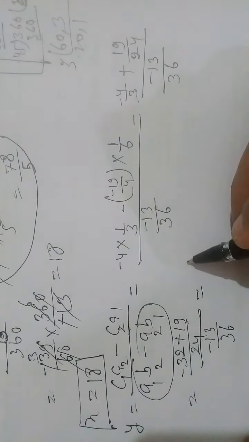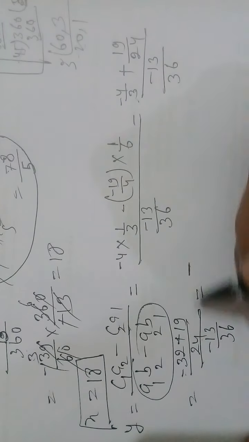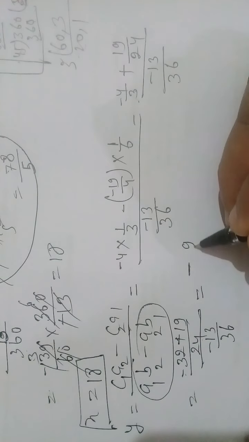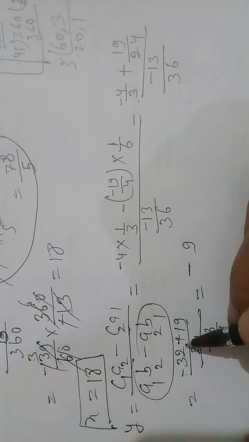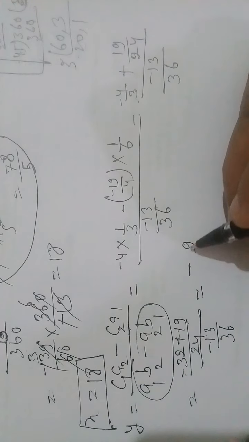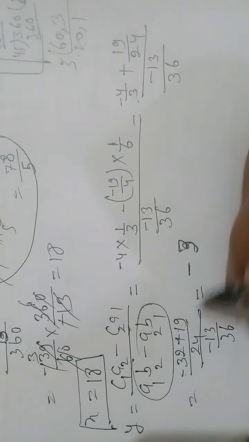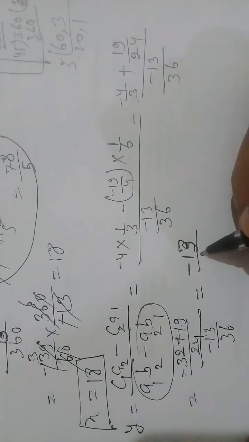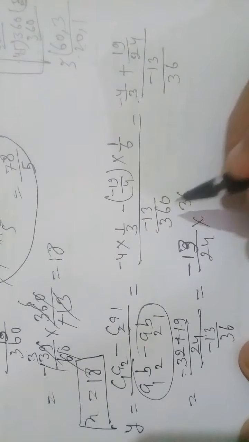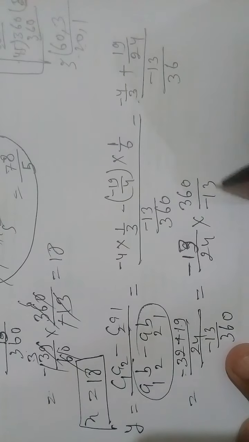That is minus 13 by 24 into 360 by minus 13.